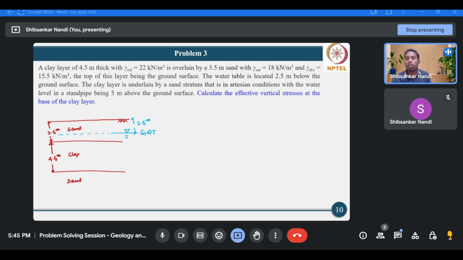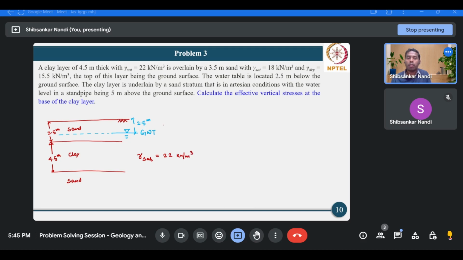Now, the saturated unit weight, sorry, for clay it's given as 22 kilonewton per meter cube.